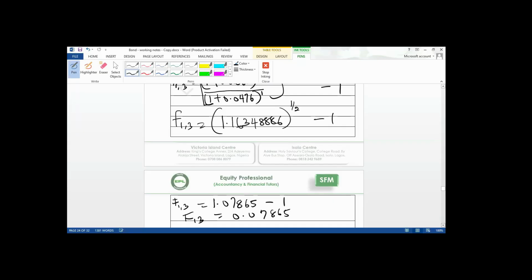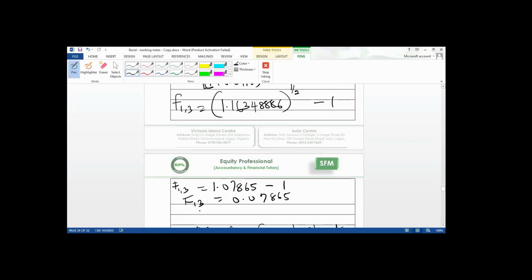Approximately, you can do forward rates 7.866% or 7.867%.